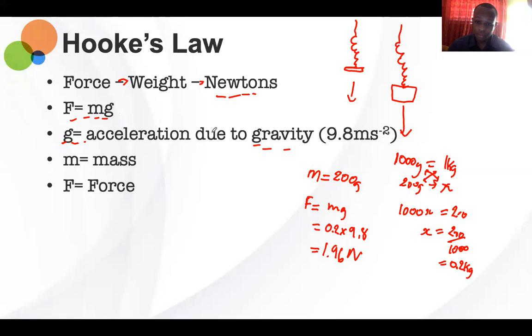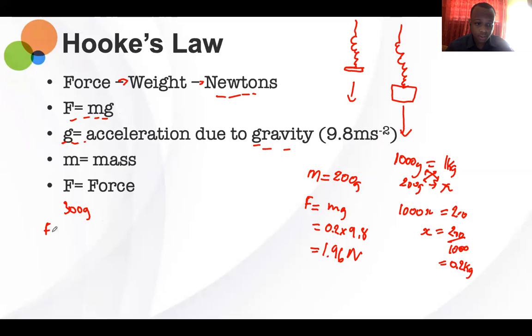Please remember this. So if we have a mass of, say, 300 grams, how would we go about calculating the force or the weight? So we'll start out with force.